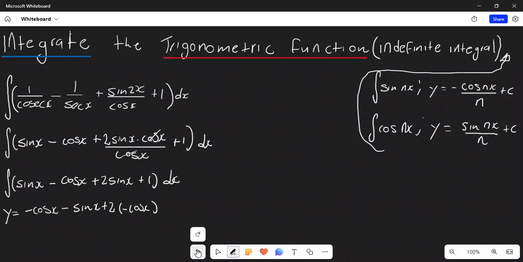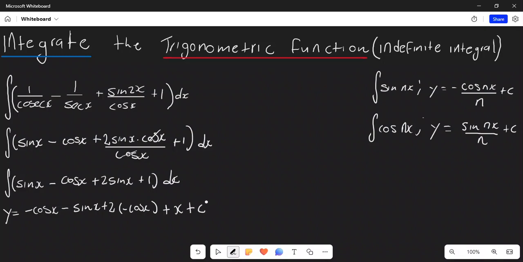Alright, now let's continue. Now we have a constant here. Remember, when we integrate a constant, we just multiply that constant with the variable that we are integrating with respect to. In this case, the variable is x, so this is going to be x. 1 multiplied by x is x, plus c.